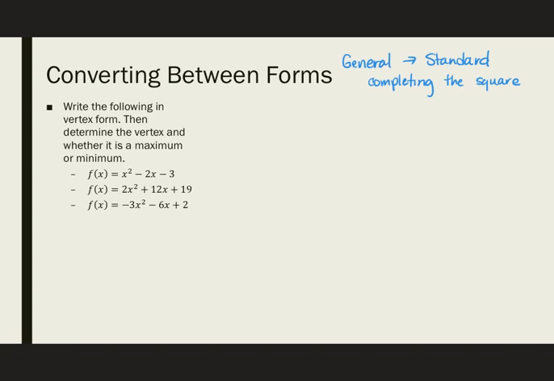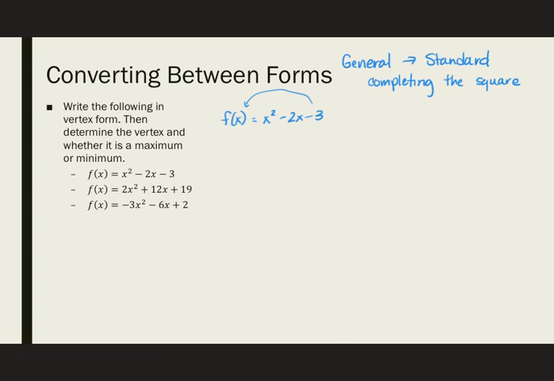Okay? So, if I start with f of x is x squared minus 2x minus 3. Now, the last time we completed this square, we took that 3 and we would move it to the other side. The reason I can't do that this time is because instead of having a number over there, I have a name, right? F of x is the name of something, and I can't take a name and add 3.